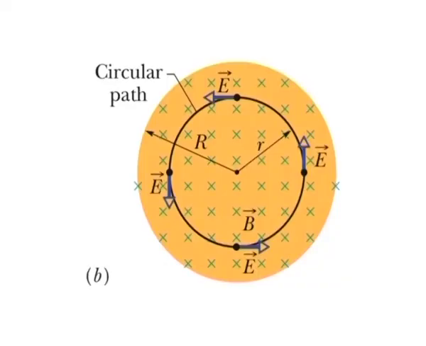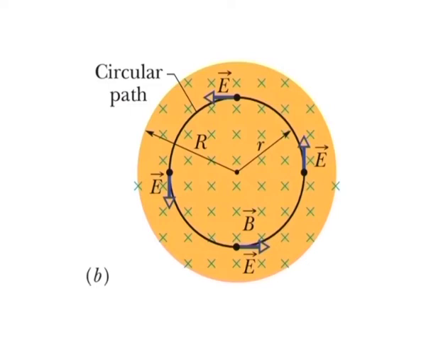To fix these ideas, consider this figure, which is just like figure A, except the copper ring has been replaced by a hypothetical circular path of radius r. We assume, as previously, that the magnetic field is increasing in magnitude at a constant rate.